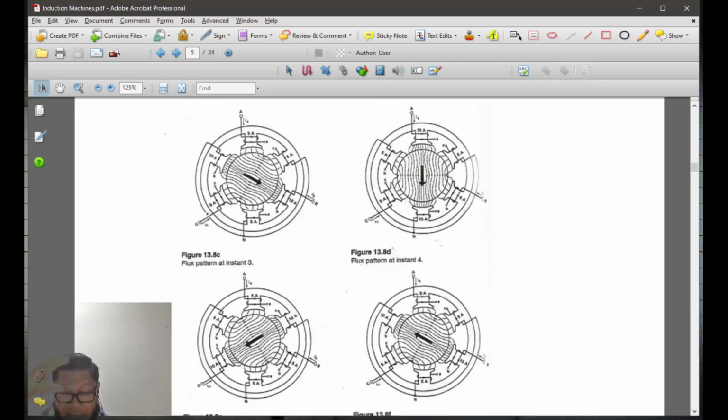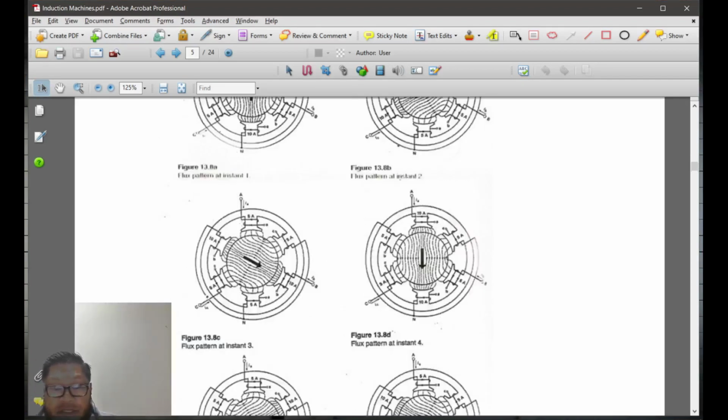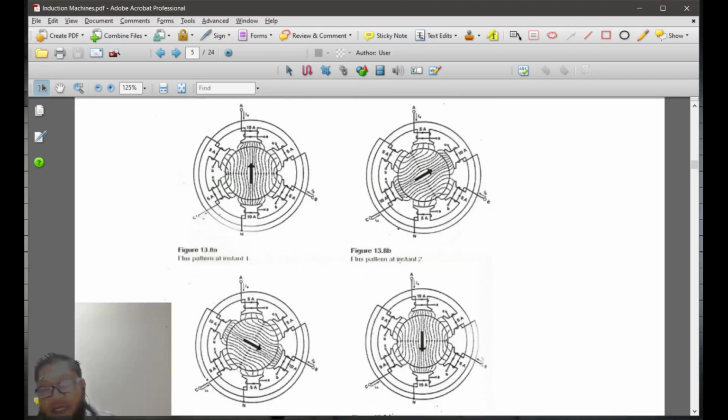So one cycle, it rotates clockwise. That's why we have this rotating magnetic field inside your stator with the three-phase supply voltage applied to the induction machines.